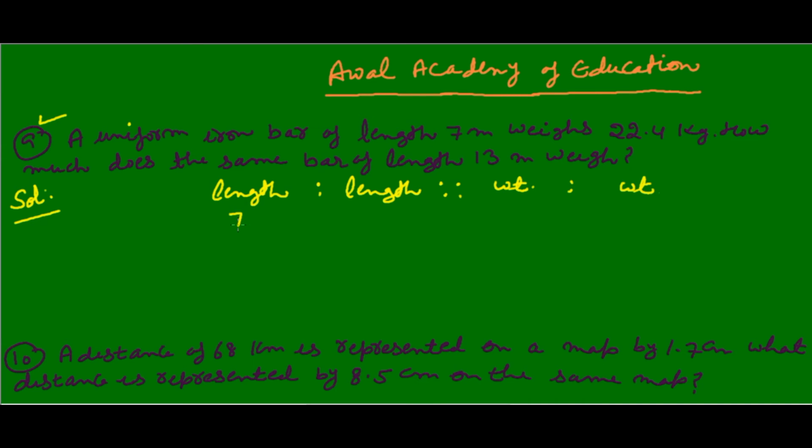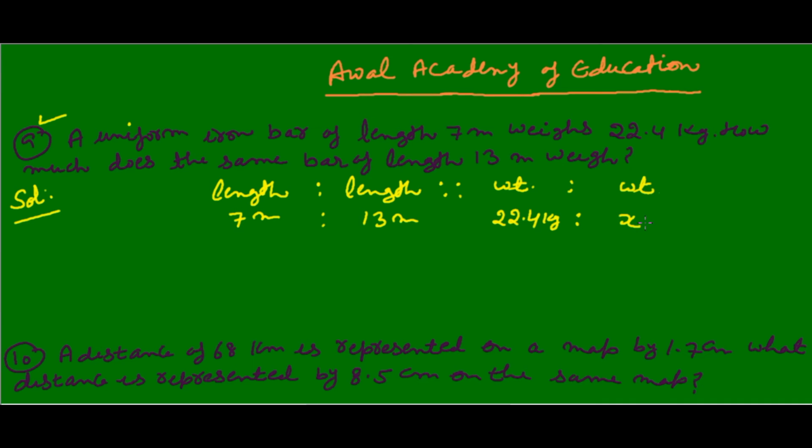So what is the first length? 7 meter. What is its weight? 22.4 kg. Now second length is 13 meter. Here the weight is in kg, and this weight is not known to us, so we will assume it as x.